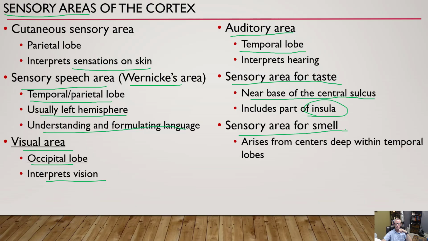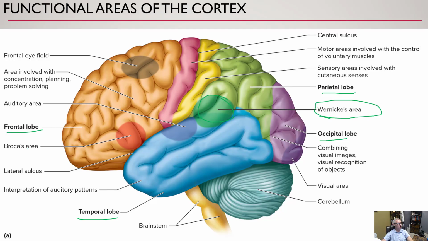Sensory area for smell. There's no motor component to smell. You're only sensing those chemicals that you smell. Again, temporal lobe. Your nose is here, so it's processed in your temporal lobe.